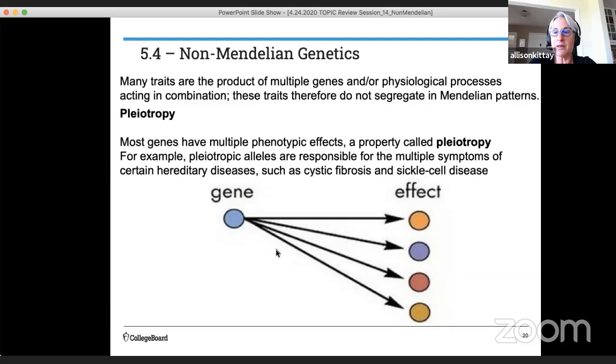So anywhere that the cartilage is in the chicken, such as in their feathers or at the ends of bones where their bones connect, the cartilage is affected. So they can't fly, the feathers don't provide any thermoregulation, and they're deformed. And so, you know, that's important in the pecking order of chickens. So having this one gene defect affects a lot of the phenotypes for that chicken. So again, pleiotropy is one gene having many phenotypic effects.